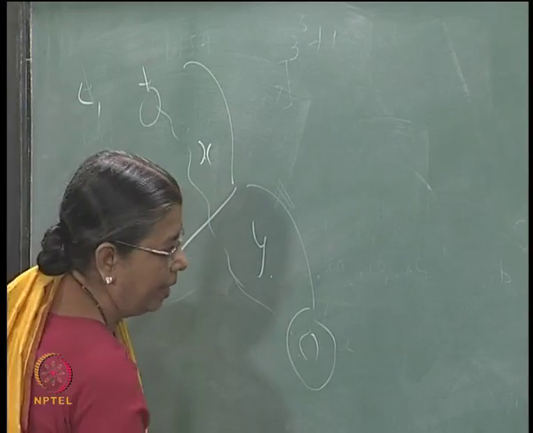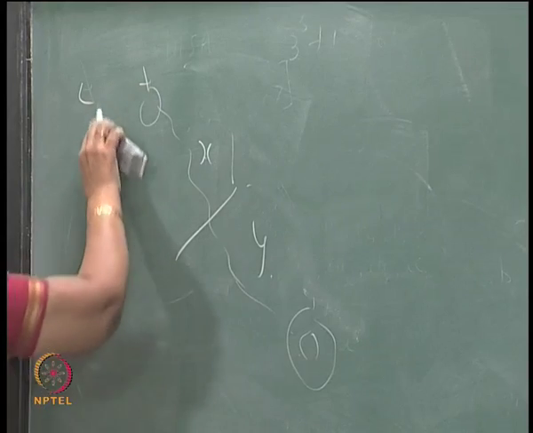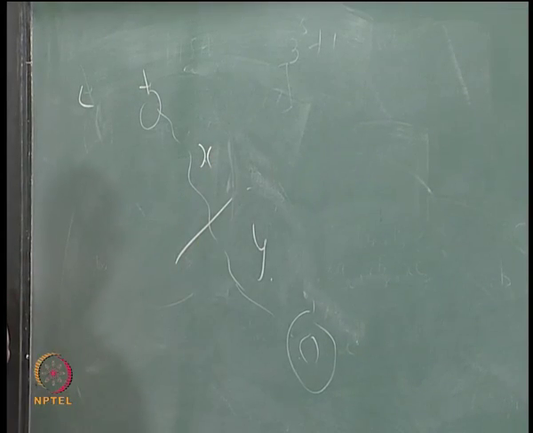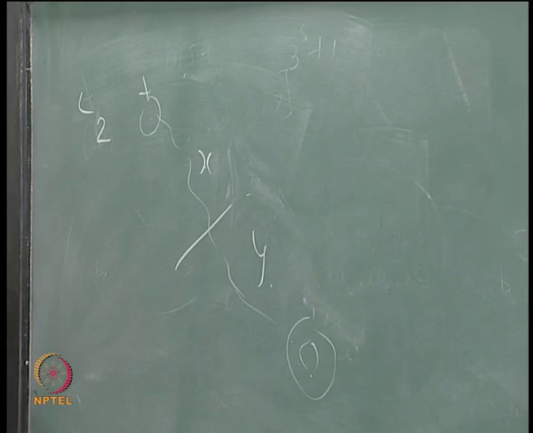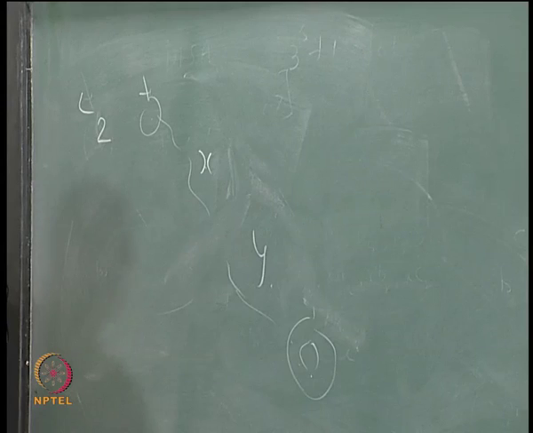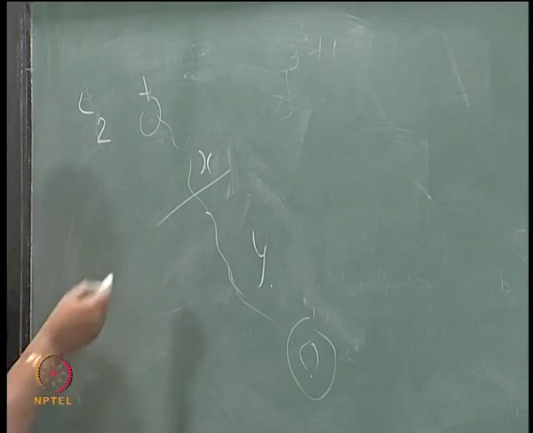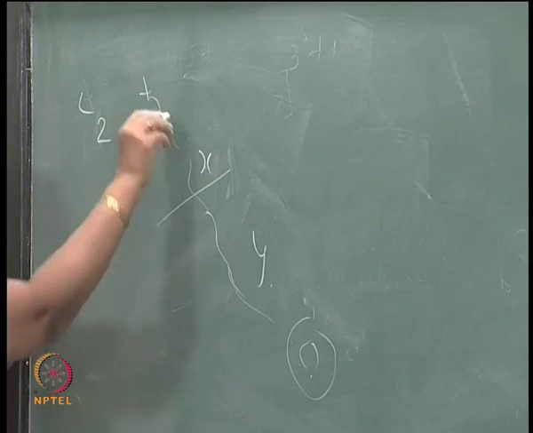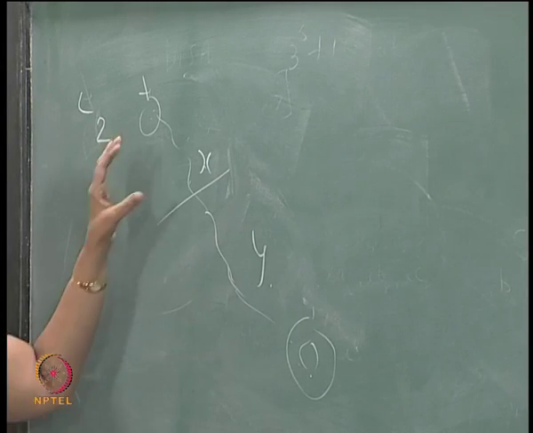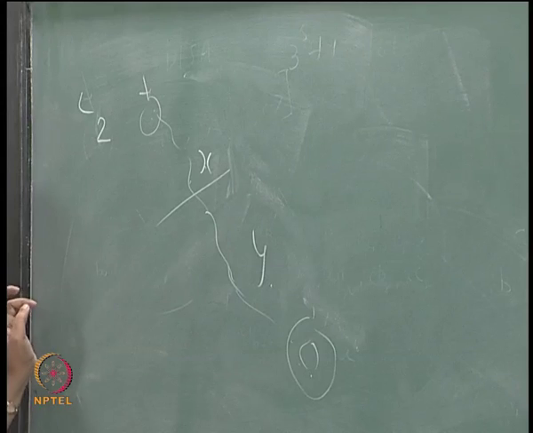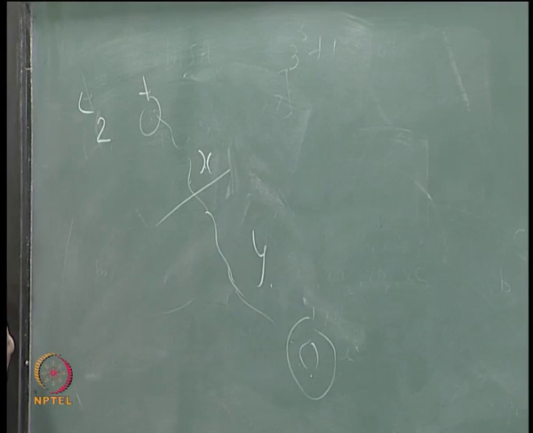In the second one, L2, you accept strings like this where the split need not be into equal portions, the length of x need not be equal to the length of y, you can split anywhere you want. It should be possible to split it in such a way that the value of x is equal to the value of y. x may be longer, y may be longer, does not matter.